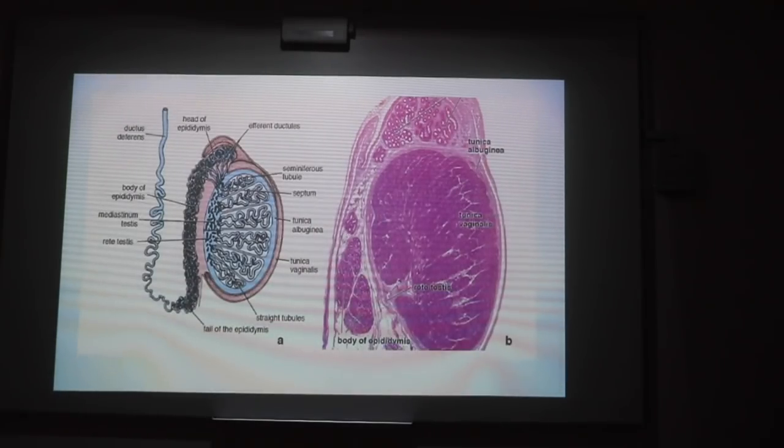So looking at the testes, they are present inside the scrotum, and initially, embryologically, they develop in the abdomen, so in the posterior abdominal wall. In front of them is basically the peritoneum.